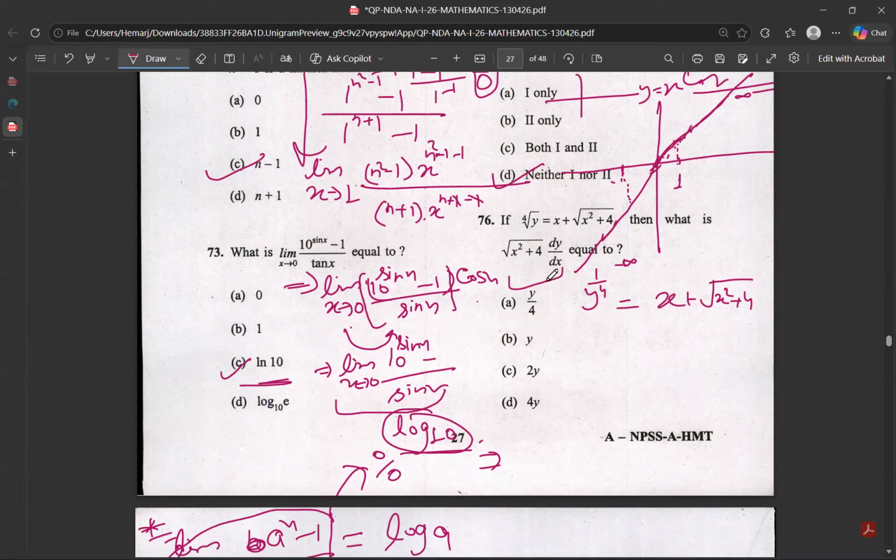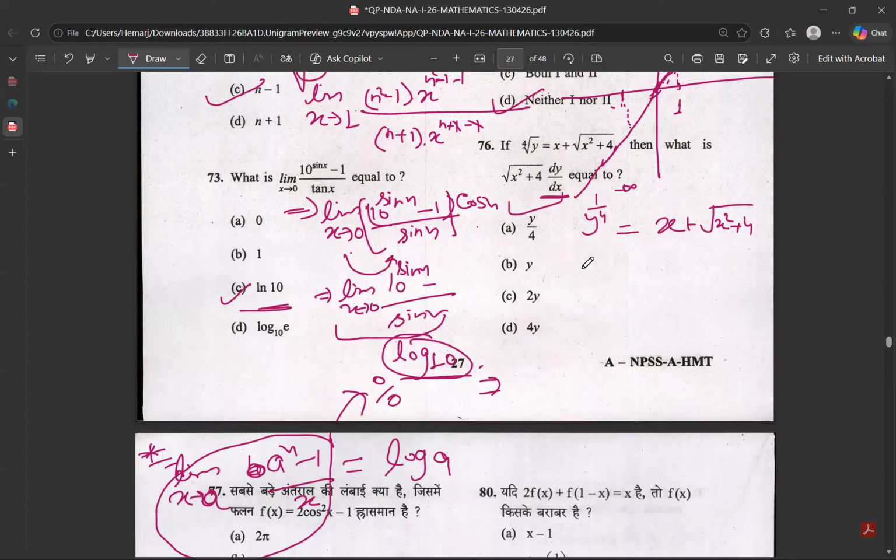Into dy by dx, it means the first step that we will think of in our mind is calculating dy by dx. So let's calculate. Now y to the power 1 by 4. First the derivative of the power. This will become 1 by 4 into y to the power 1 by 4 minus 1 into y's derivative, which will be y dash.